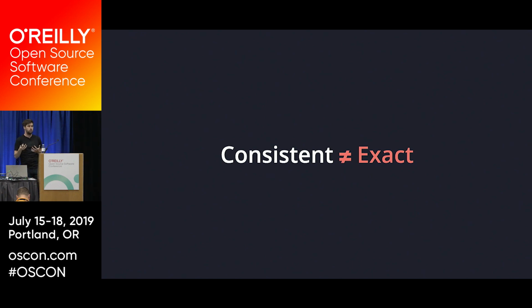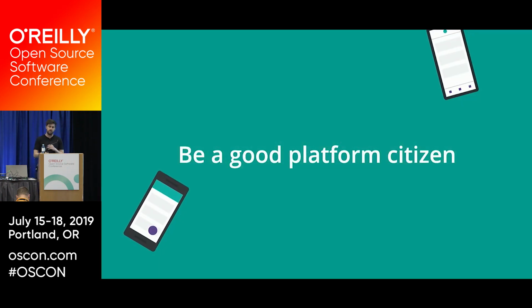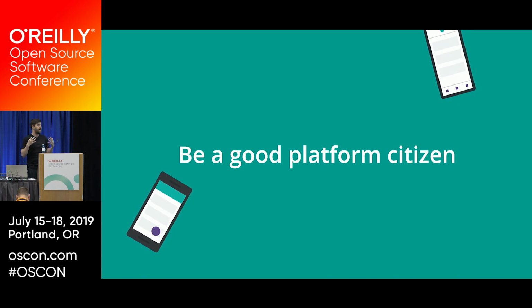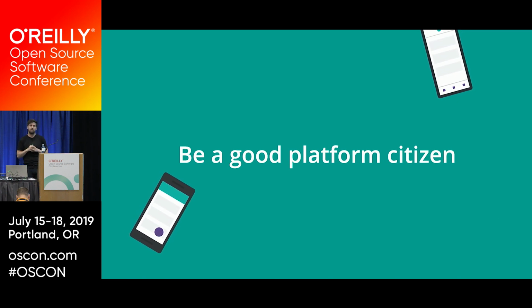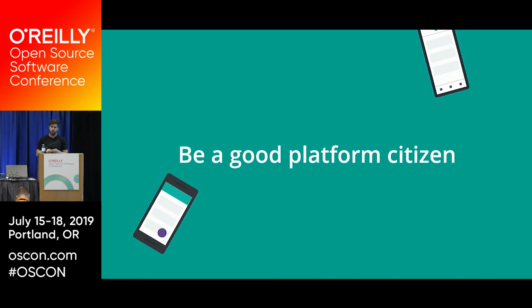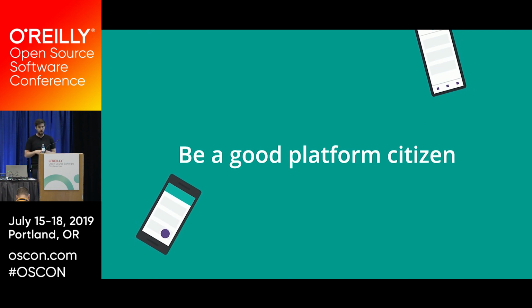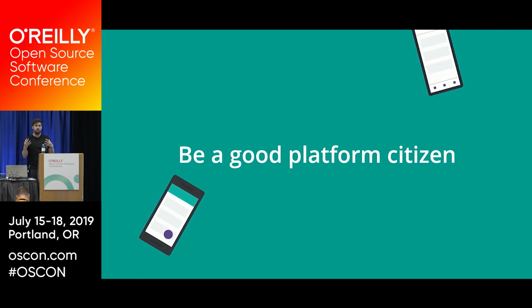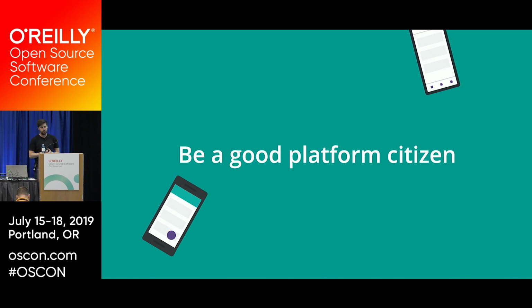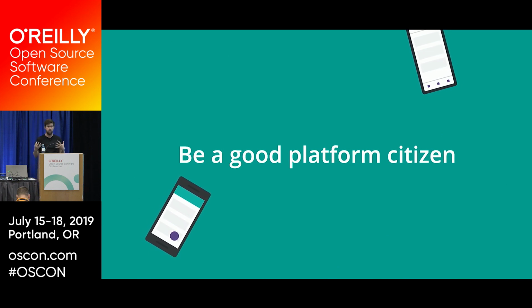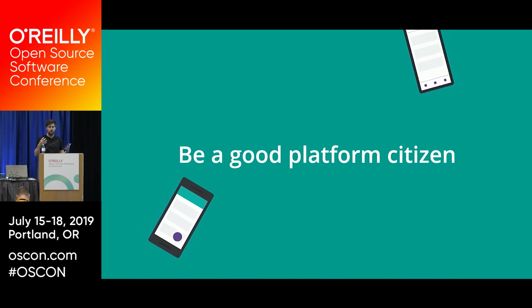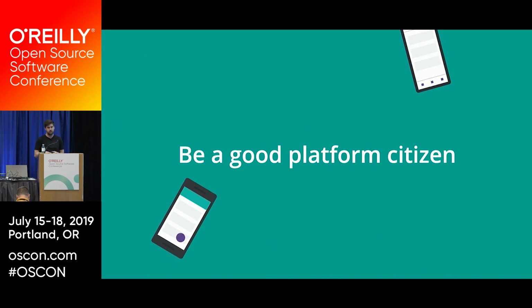But rather what we should be striving for is to be a good platform citizen. And what this means is an iOS app looks like an iOS app, and an Android app looks like an Android app, and a web app looks like a web app. But they all look like your product on that platform. This way your users feel at home in their given platform while still feeling like they're using your product.